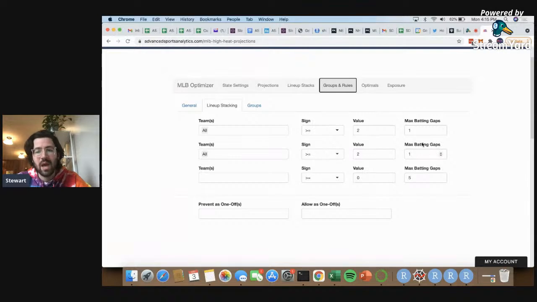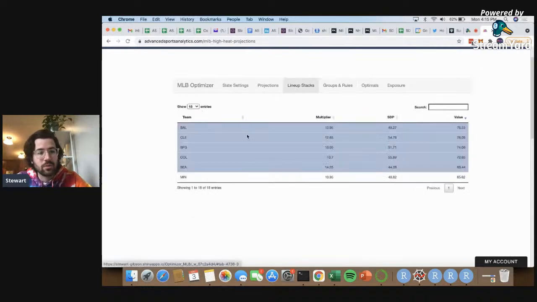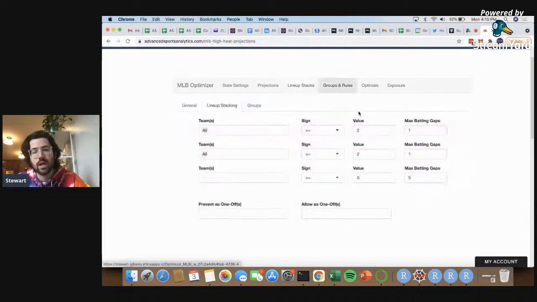And then there's also this batting gaps logical statement that needs to be filled. So for some instances, a lineup that fills the rules that we're setting might not be reached, where the build for, I don't know, Baltimore and Cleveland chooses 2 guys that are more than 1 lineup slot apart. So we'll have to re-loop through that. So these things can add up.